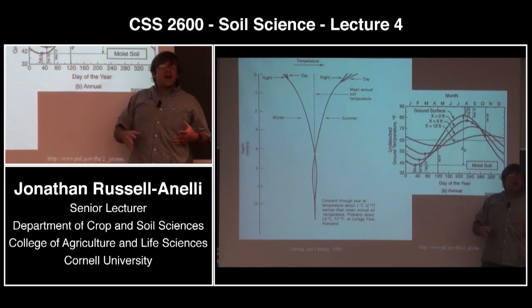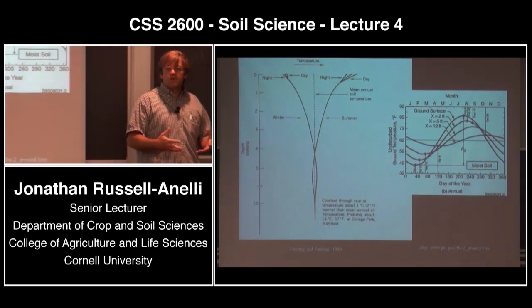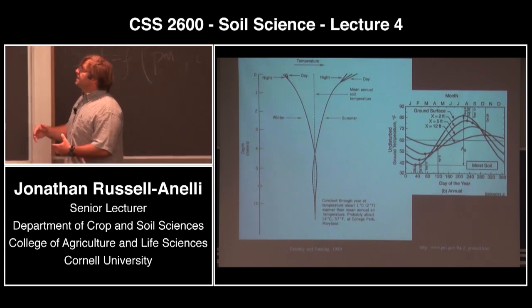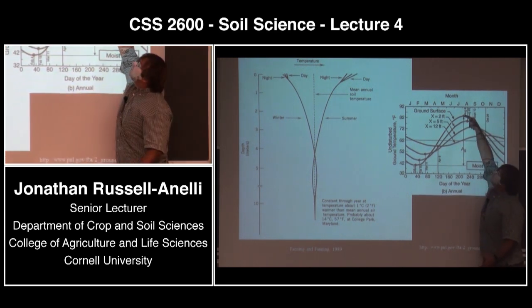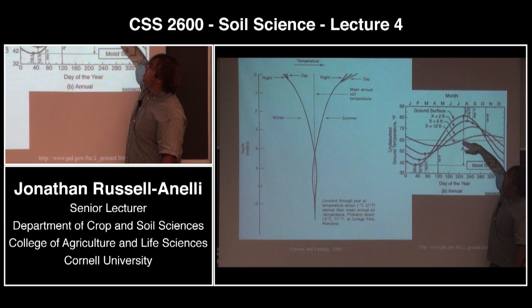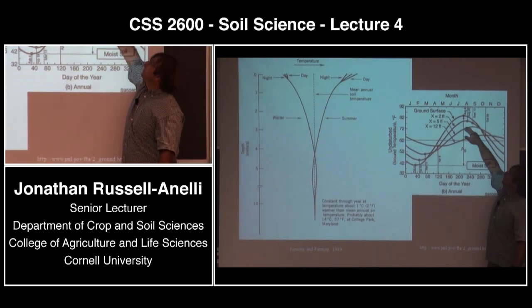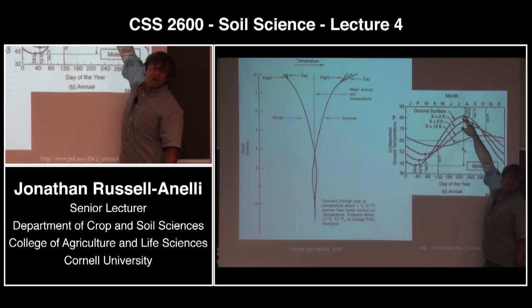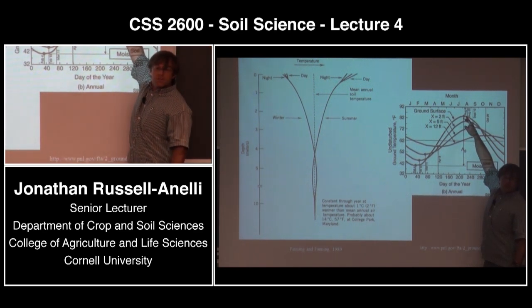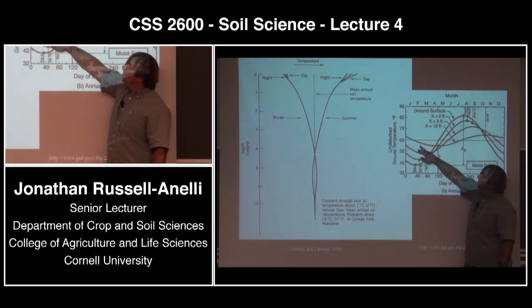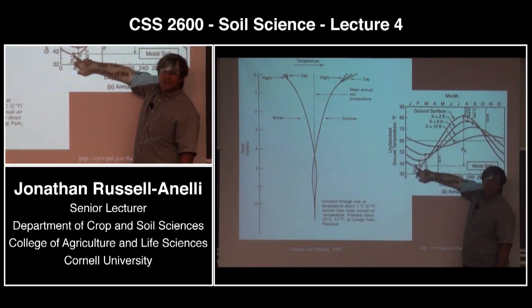So imagine this soil profile. That's the surface of my soil, and this is the bottom of my soil. It's colder or hotter here depending upon what time of year it is. In the summertime, it's hotter, which means chemical reaction rates are going to be a lot faster. In wintertime, it's colder.